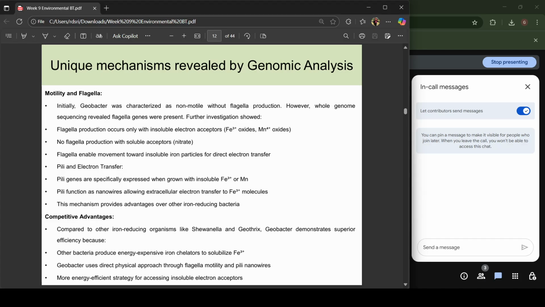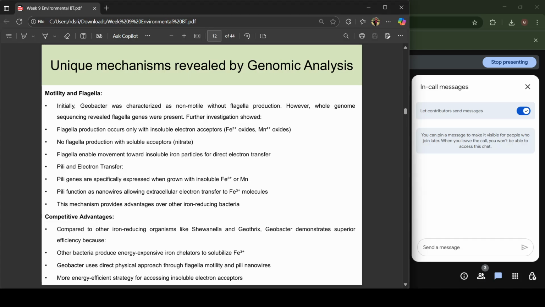Apart from motility and flagella, then comes electron transfer and pili. Pili genes are specifically expressed when grown with insoluble Fe3+ or manganese electron acceptors. They can function as a nanowire and allow extracellular electron transfer to iron molecules.